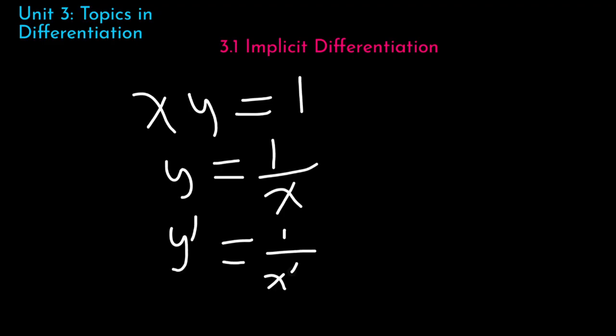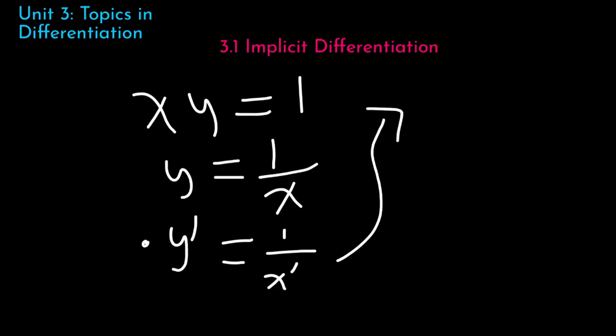If we evaluated y prime, we're just going to get 1 times y prime. But since y prime is what we're solving for, we're going to have to multiply it by the chain rule.